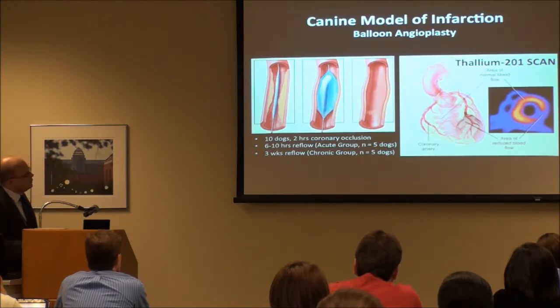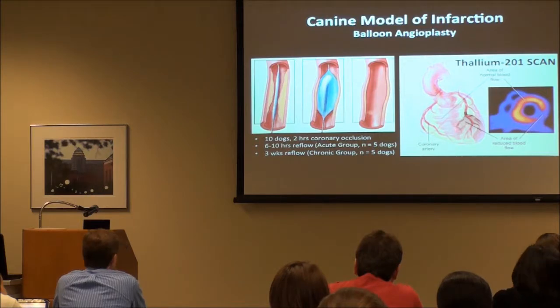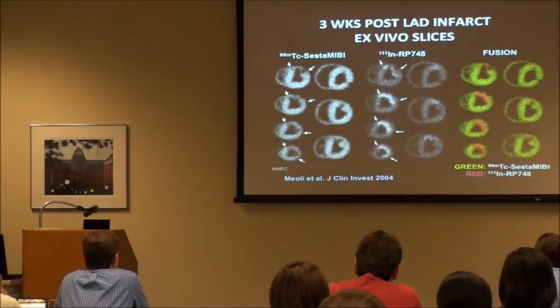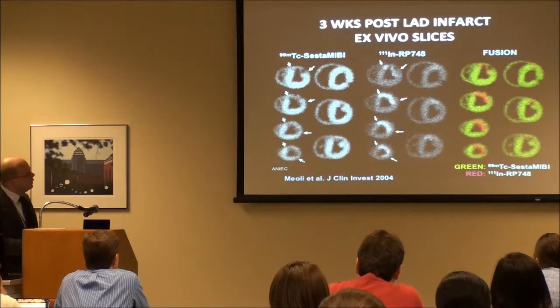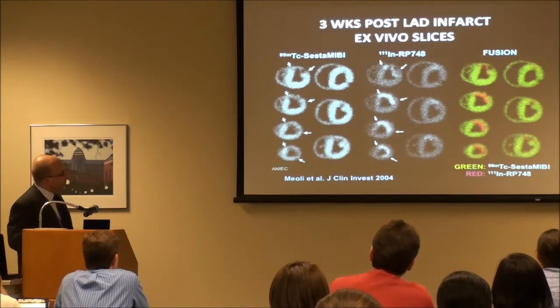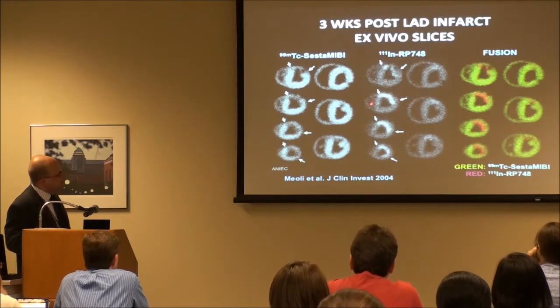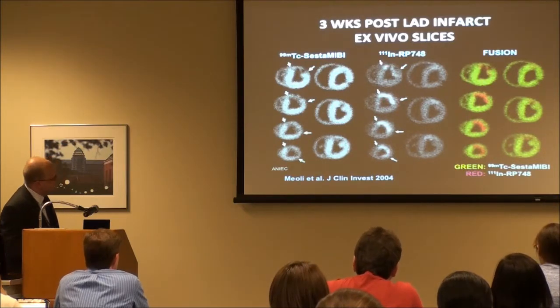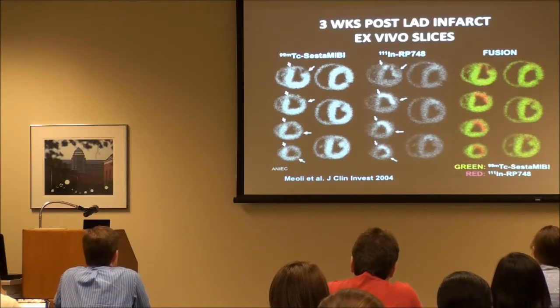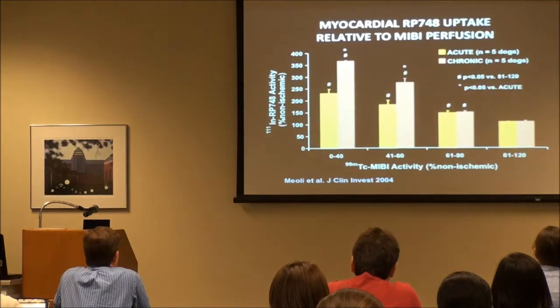The defect in the thallium corresponded to the infarct in this area. Using our agents, the indium 111 alpha V beta 3 targeted agent, we've been able to see the process of angiogenesis non-invasively in the living dog. And also we've been able to quantify those.